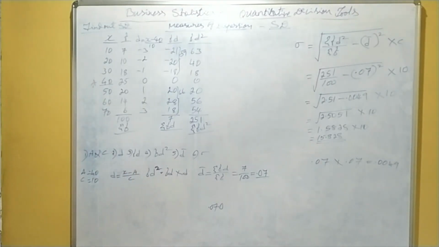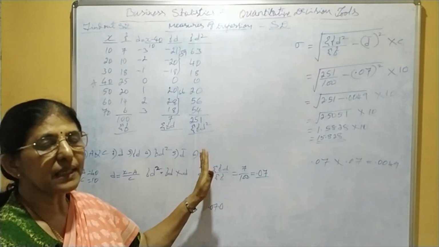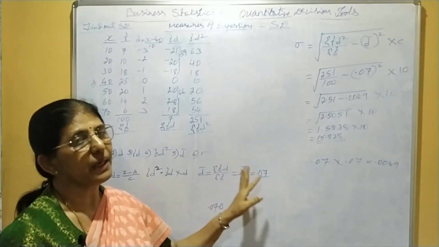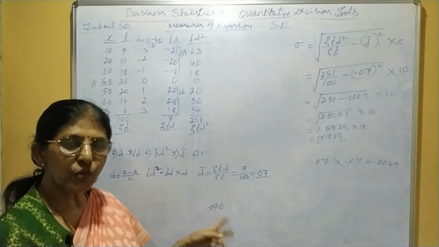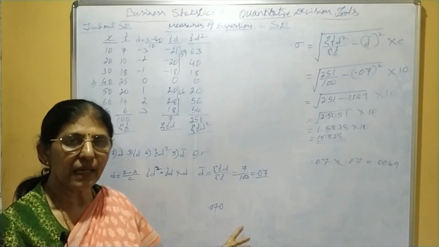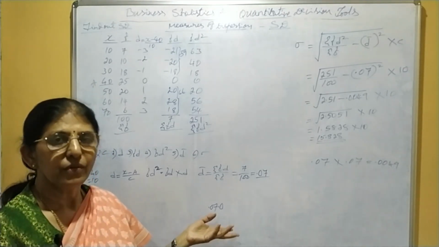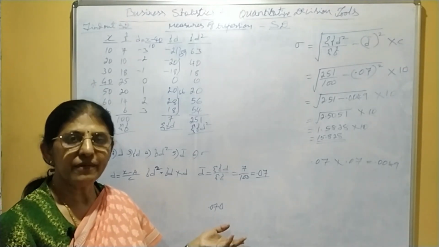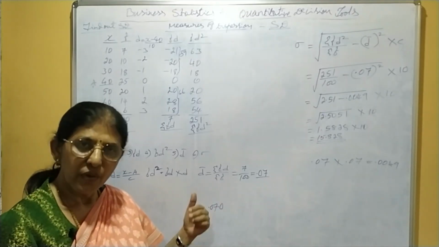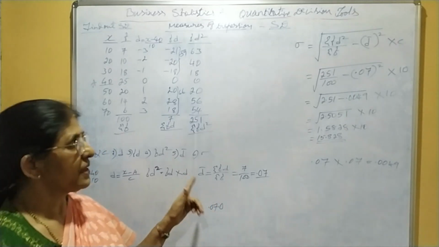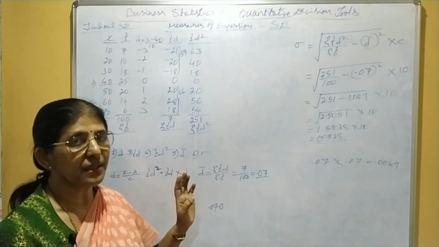Now, I have already told you, I am just introducing how to calculate standard deviation under grouped data and ungrouped data. In the examination, usually you will be given 2 sets of data and it asks the comparative analysis. Means there you have to calculate even for comparison. You have to find out relative measure of dispersion relating to standard deviation, that is coefficient of variation.